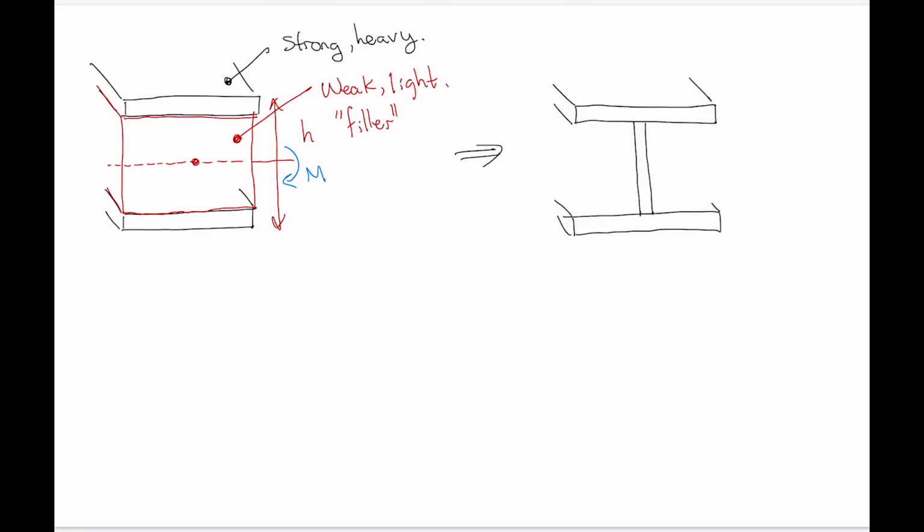It has the same height as the original piece, but has a greatly reduced width.